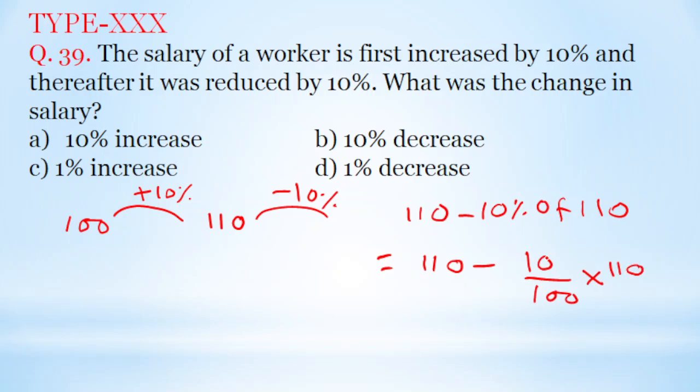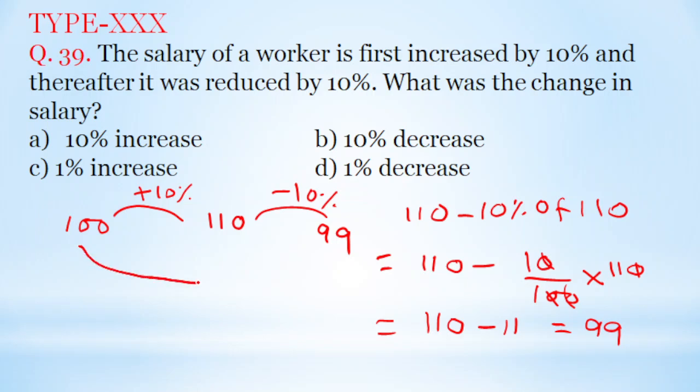So here this 0 cancels this 0 and again this 0 cancels this 0. So it is equal to 110 minus 11. So that is equal to 99. Now that means earlier it was 100, now it is 99. So that is a decrease of 1%. That means here option D is the right answer.